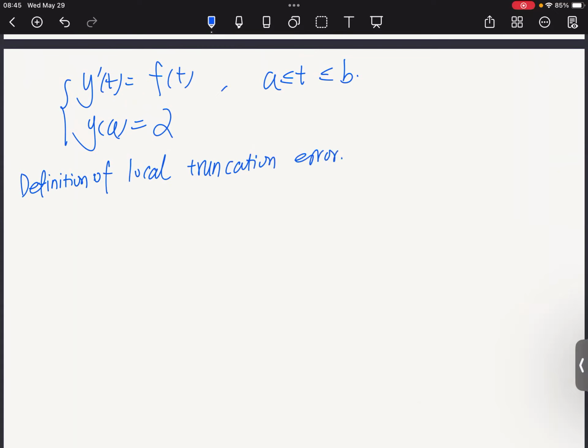And as you can see in the formula in Euler's method and the Taylor's methods, the approximation scheme looks like this. w0 equals the initial value. And we have the updating rule: w(i+1) equals w_i plus h times phi, where phi is the updating rule.